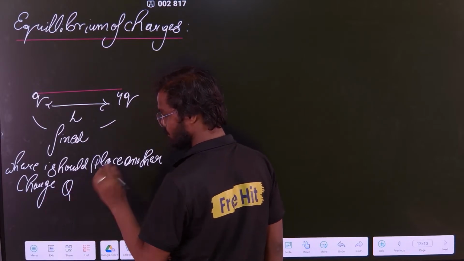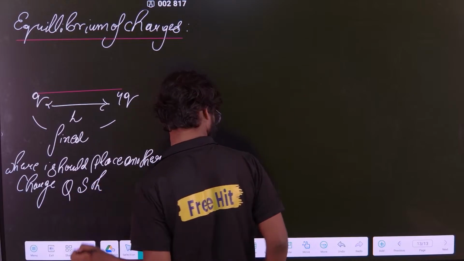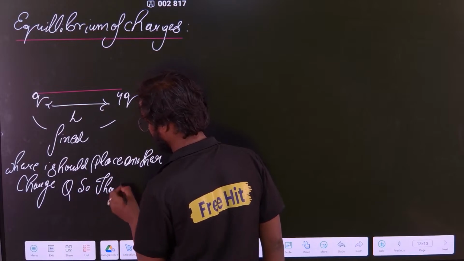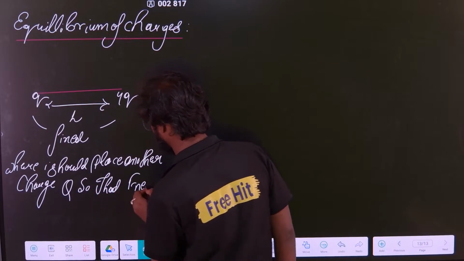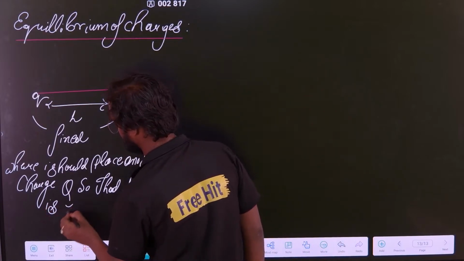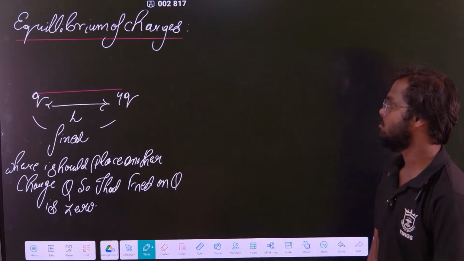It is positive only. When nothing is mentioned, just take it as positive, so that F net on Q is 0. Clear? That is what you have to do.